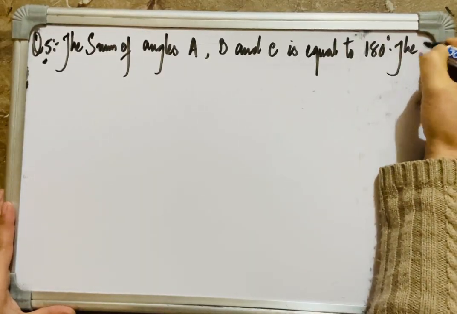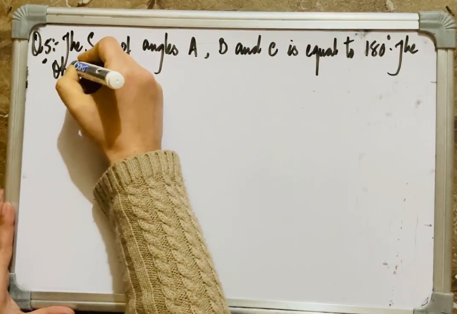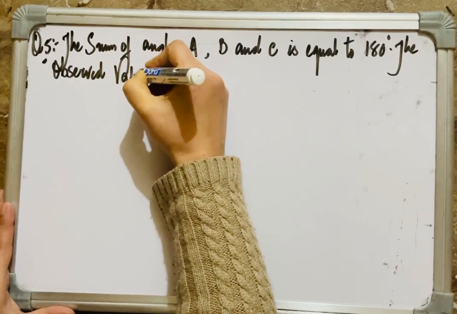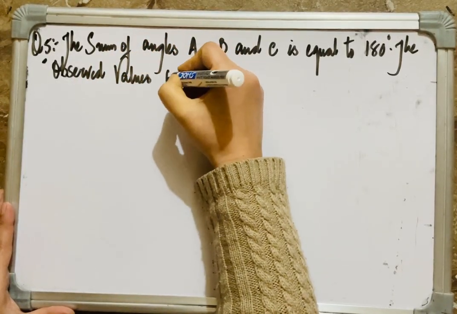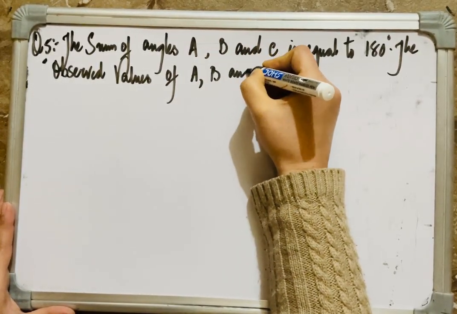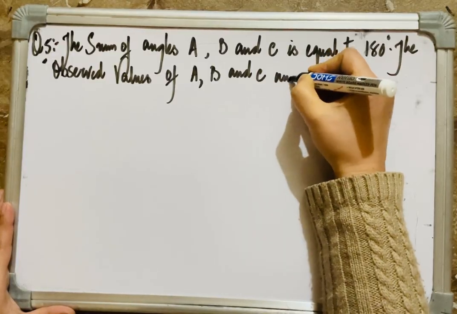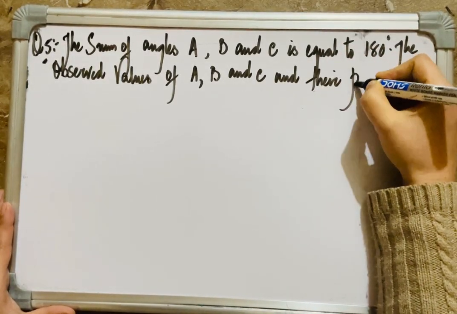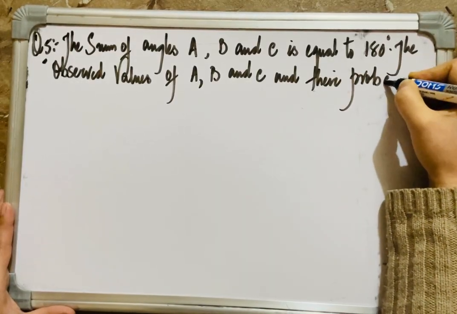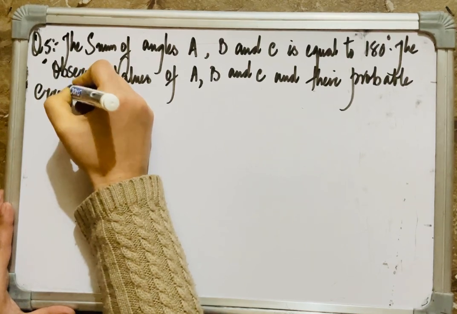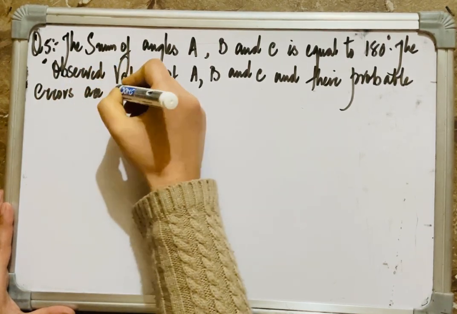The observed values of A, B, and C and their probable errors are as follows.